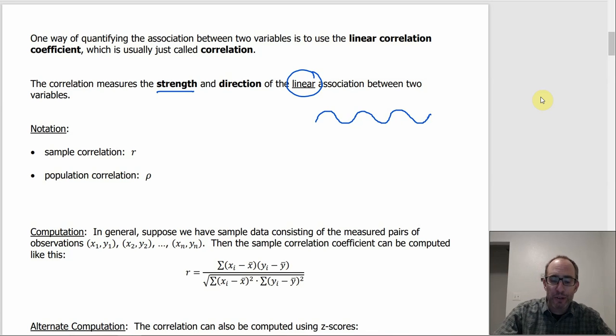And the notation, the sample correlation is R, not C, because C is reserved for like an arbitrary constant. So that's why it's an R. And then the population correlation, that looks like a P, but really that's a lowercase Greek letter rho, spelled RHO.